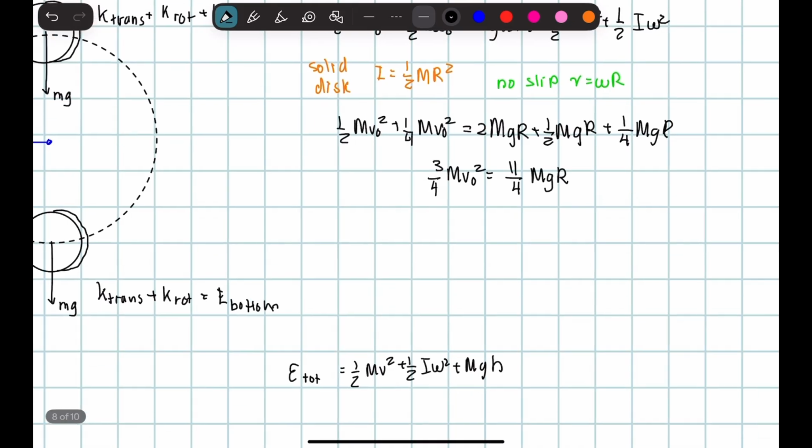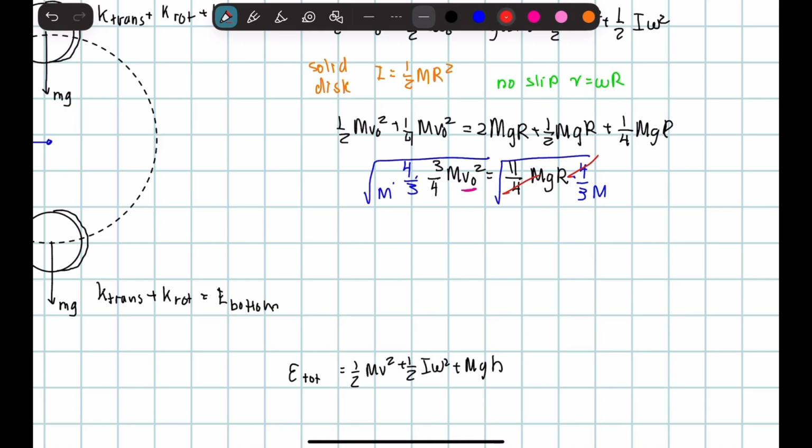What do we want? We just want to isolate v. So we are going to multiply both sides by 4/3, and that's going to cancel the 4's out. And also now we're going to take the root of both sides.